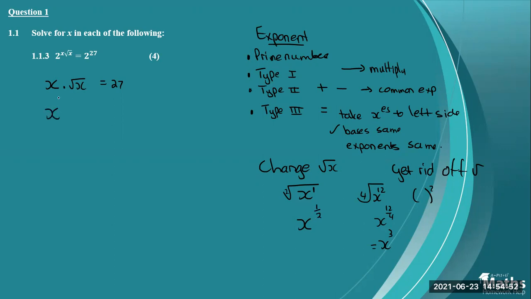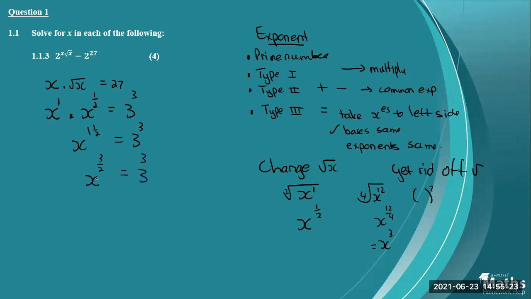So this will be x to the power of 1 times x to the power of 1 over 2 is equal to 3 to the power of 3 because we break down 27 into a prime number. You multiply the bases, therefore you add the exponent. So this will be 1 plus a half, which is 1 and a half. 1 and a half we can write as 3 over 2.